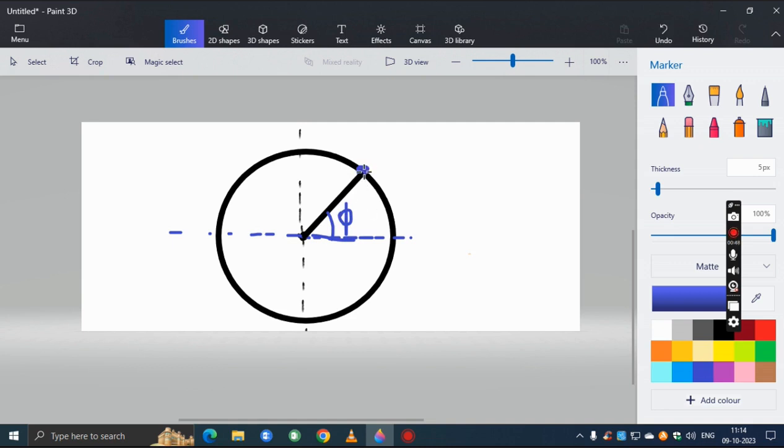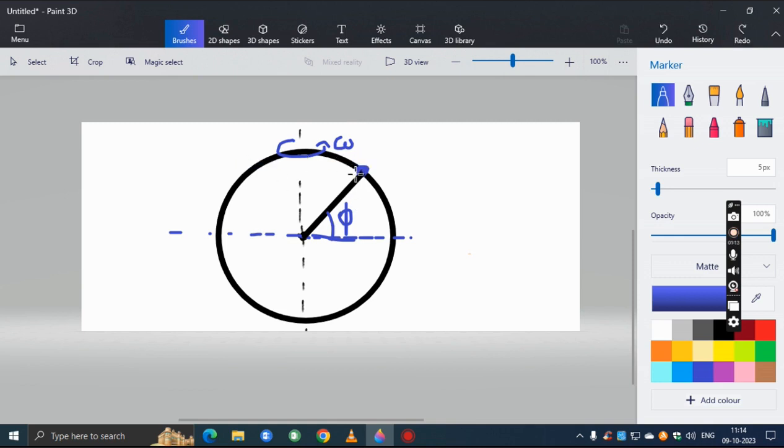Now what's going to happen is this: due to the rotation of Earth, let's say the Earth has an angular velocity omega.